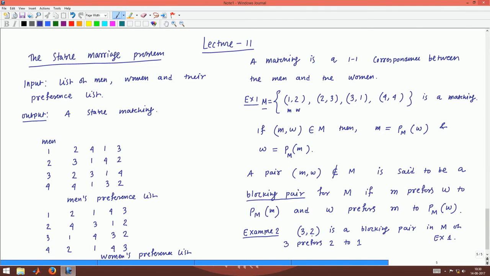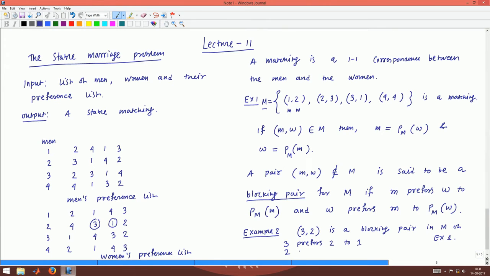Now, look at woman 2. Woman 2 is matched with man 1, but she prefers man 3 more compared to her matched partner 1.